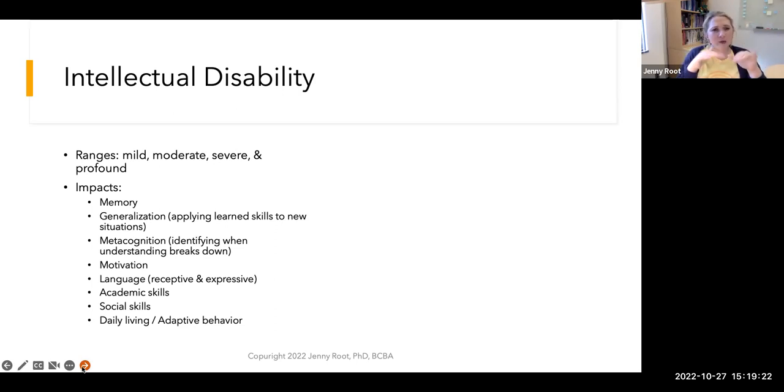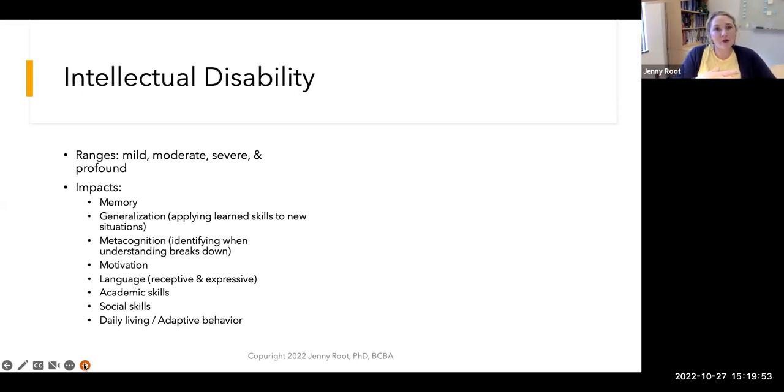Intellectual disability, while there still might be some splinter skills, is going to be more across the board, with more consistent skills. And really, it needs to be both cognitive, academic aptitude, as well as daily living or adaptive behavior. That would be like knowing when to call 911 in an emergency, or understanding food safety, like if you've left milk out on the counter, we wouldn't drink that the next day.